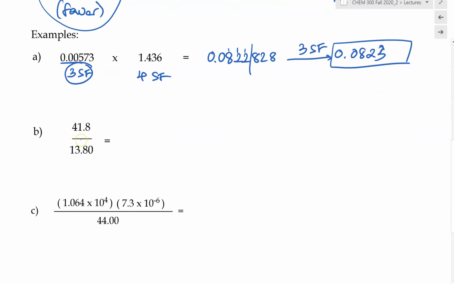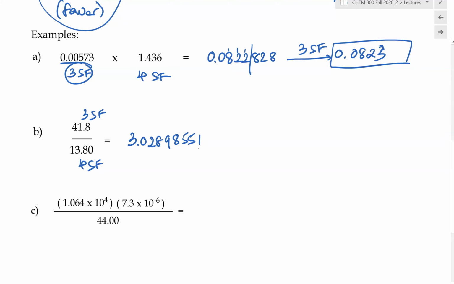Now let's try the second example. In this case, we have division: 41.8 divided by 13.80. Again, because this is multiplication and division, to round it, we need to figure out which value has the fewest significant figures. The top value has 3 significant figures, and the bottom value has 4. When we plug this into the calculator, the calculated answer is 3.028985551.